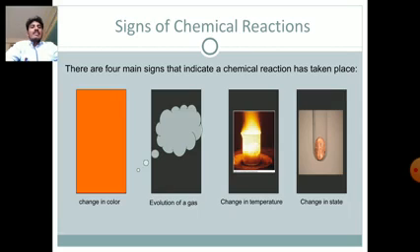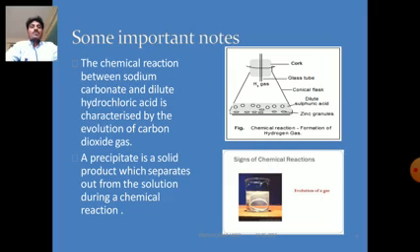These are the main signs that indicate a chemical reaction has taken place: the change in color, the evolution of gas, the change in temperature, and change in state. Some important notes. For example, the chemical reaction between sodium carbonate and dilute hydrochloric acid is characterized by the evolution of carbon dioxide gas.